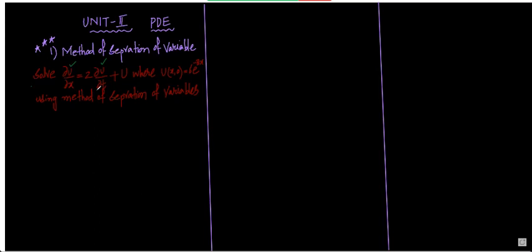It asks us to differentiate u with respect to x as well as with respect to t. So what is the method of suppression of variables and how to do it?